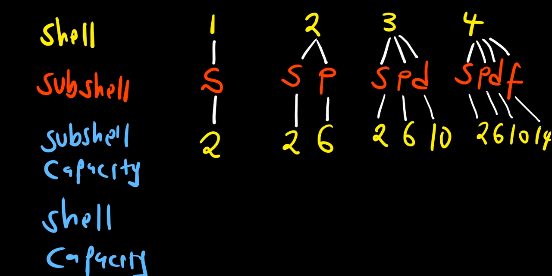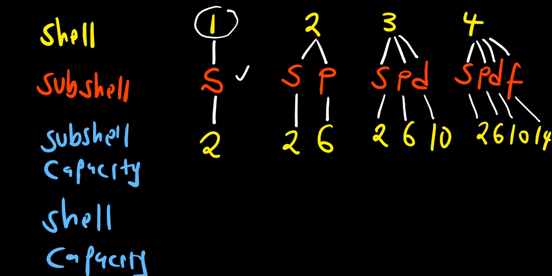Okay, so let's start with our shell number 1. How many electrons is it supposed to have? This is the S subshell. So you're going to realize that we only have 2 here, so it has a capacity of having 2 electrons.